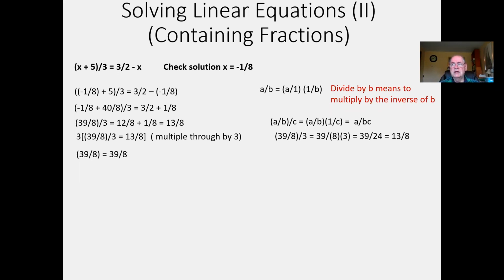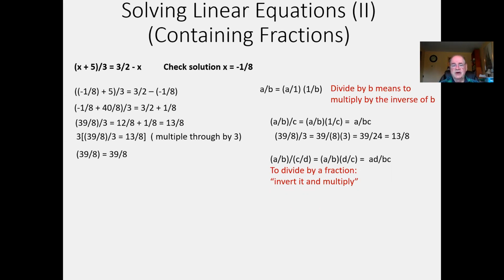I just could have gone ahead and used the algorithm, and that's 39 over 8 times 3, which is 39 over 24, which we can simplify by reducing to lowest terms. And the ultimate of it all, a fraction over a fraction. Well, I claim that dividing by a fraction is the same as to multiply by the inverse. The inverse of C over D is D over C.